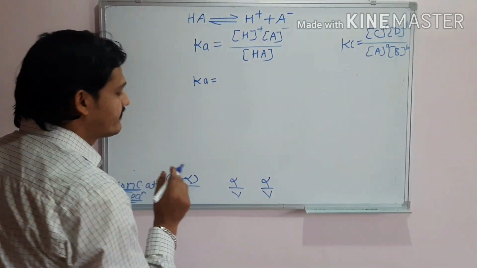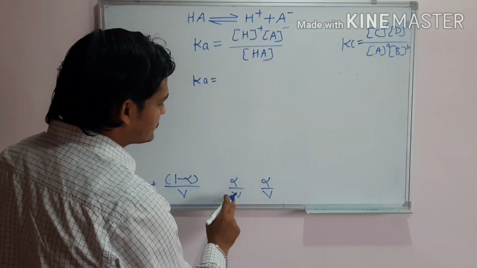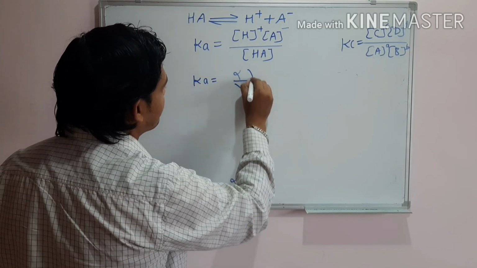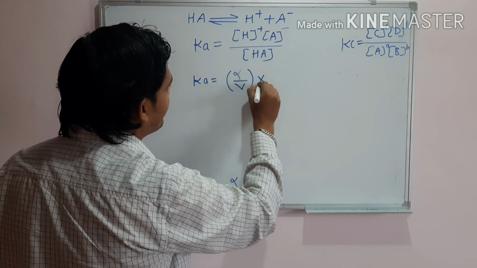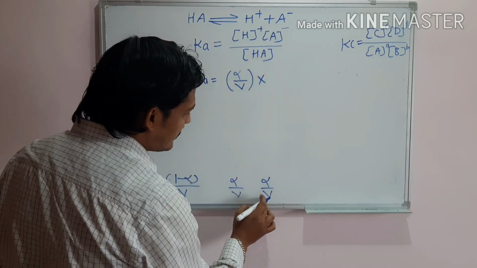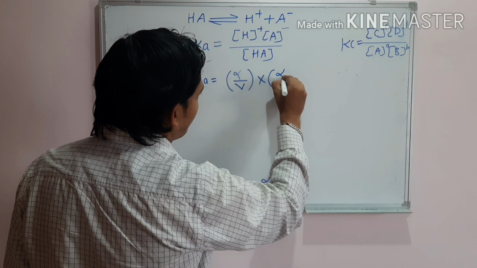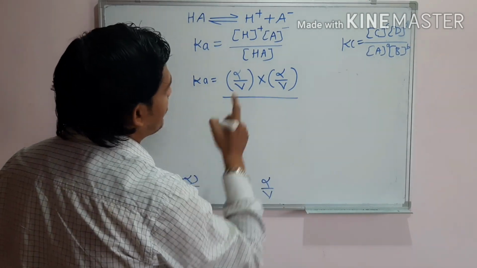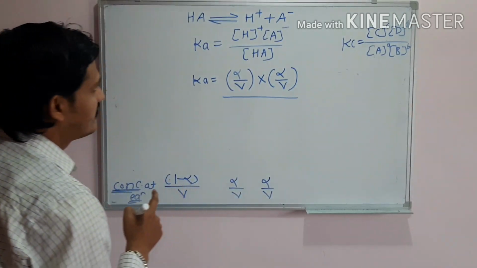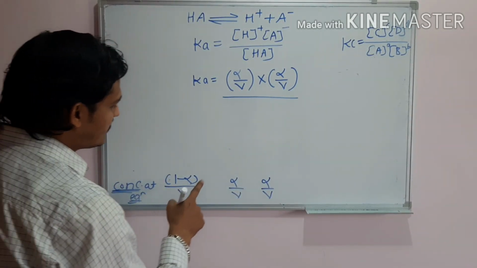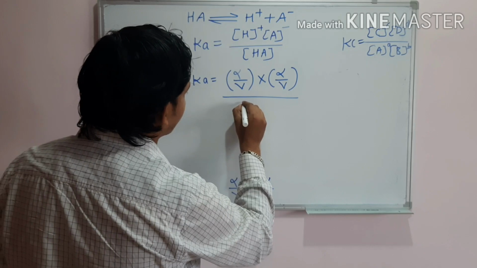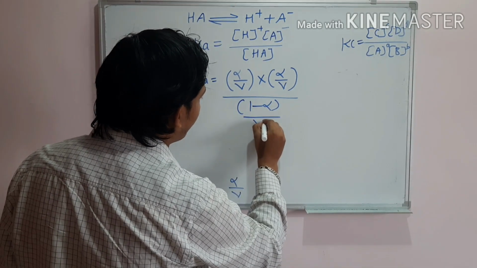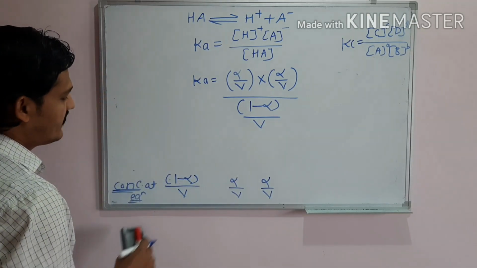The value of H plus is alpha divided by V, into the value of A minus, alpha divided by V, divided by the value of HA, 1 minus alpha divided by V.